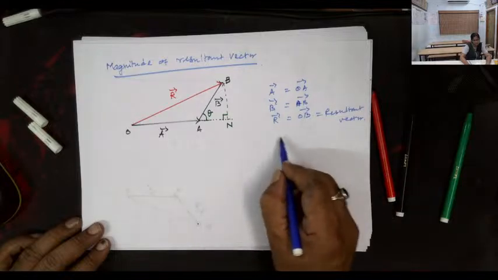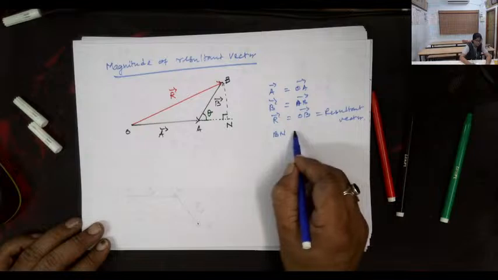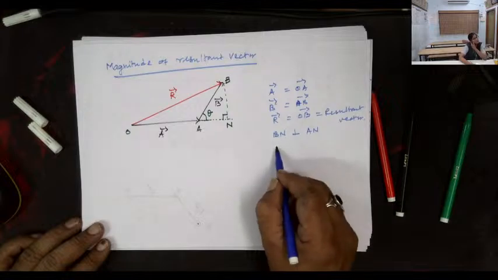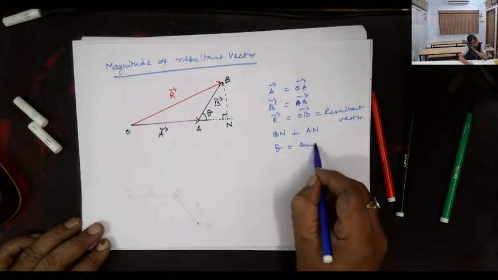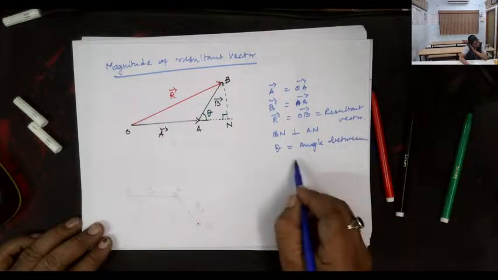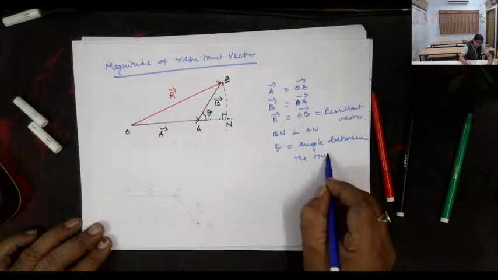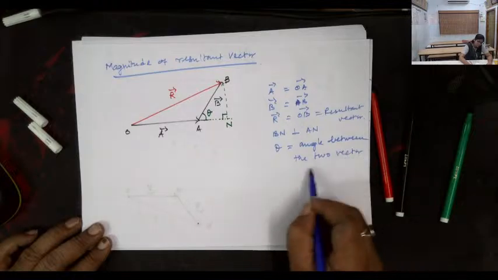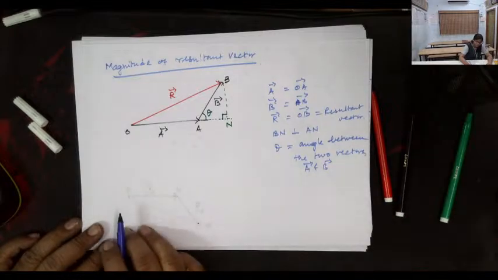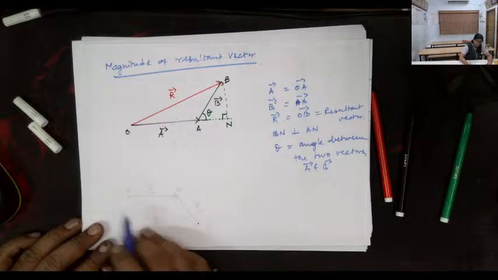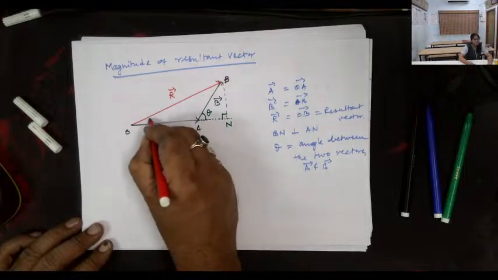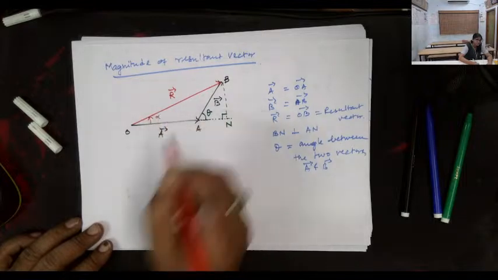And BN is perpendicular to AN. AN is expanded. Theta is the angle between the two vectors, vectors A and B. Right? And this angle is called alpha. Okay?